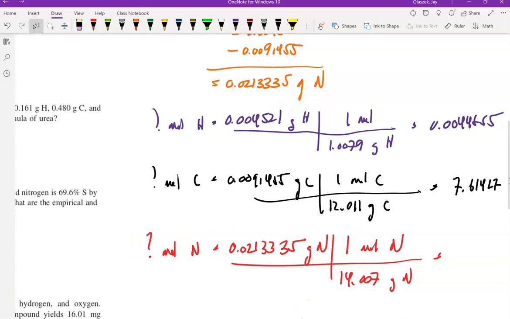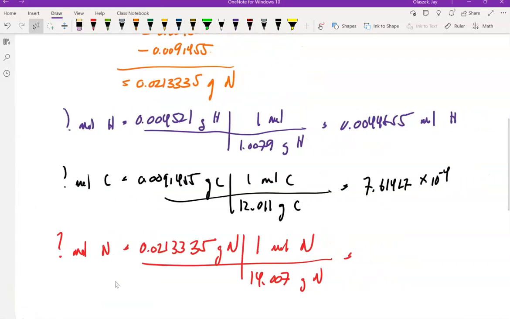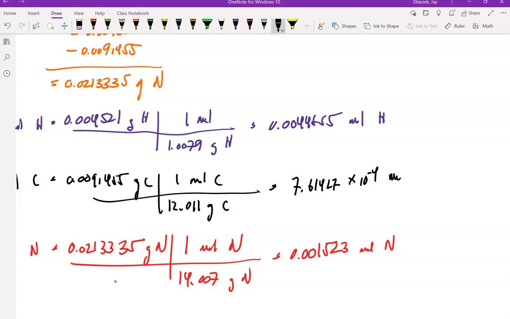On our calculator, this is 0.0213335 divided by 14.007, which is 0.001523 moles of nitrogen.